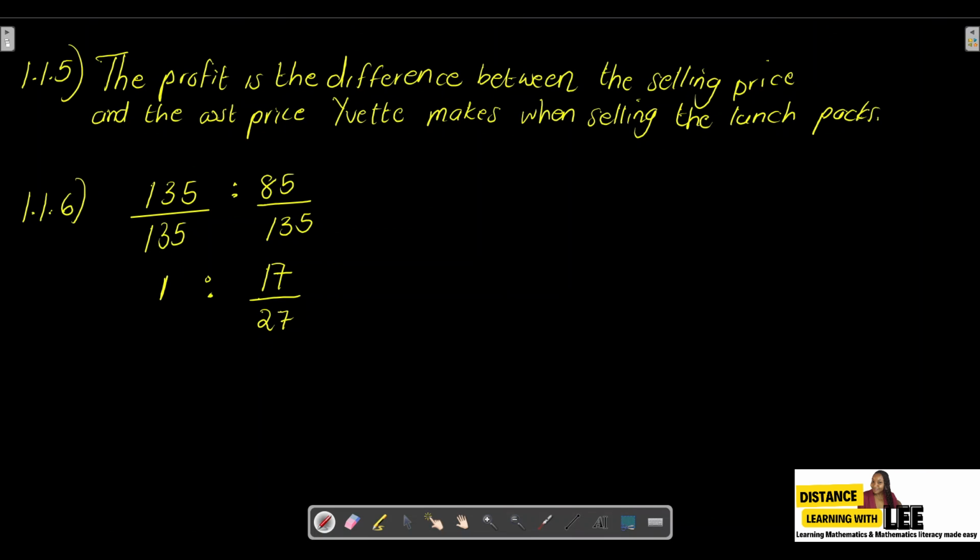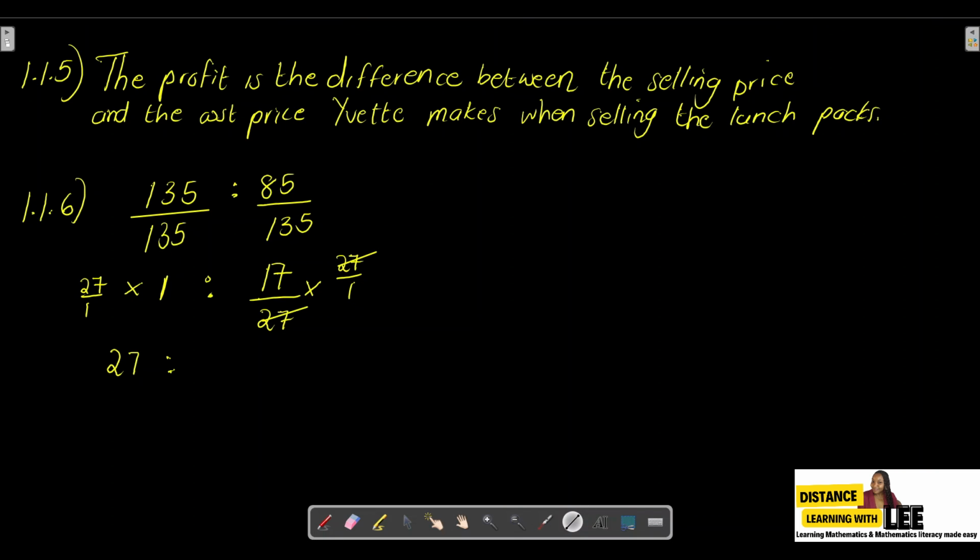And then we've got a problem here, guys. We can't leave this ratio as 1:17/27. So what do we need to do? You need to multiply the right-hand side by 27/1. What you do on the right-hand side, you need to do on the left-hand side. So if you multiply by 27/1, 27/1 multiplied by 1 is equal to 27 is to 17/27 multiplied by 27/1.